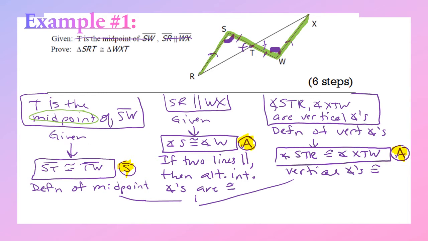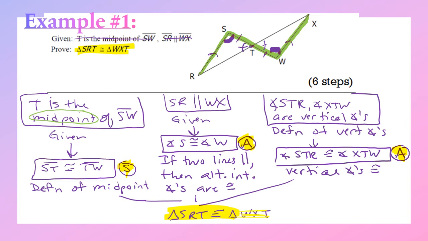Now, one thing about your final congruent statement, whatever you have written up here is what you want to write right here in this box. So there's no reason to go guessing. Don't change the order of the letters. Just copy that statement directly. So we're just going to say that triangle SRT is congruent to triangle WXT. And how do I know that?